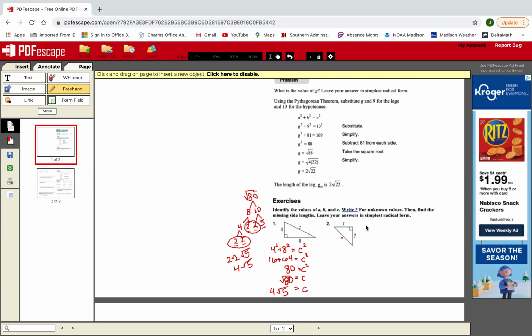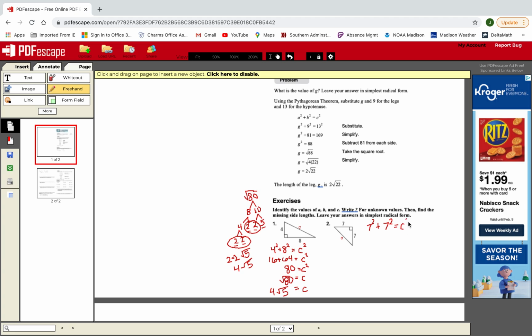So for number 2, I have 7 squared plus 7 squared. These are my a and my b because they are the legs of the right triangle, equals c squared.